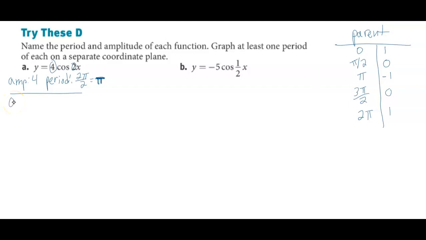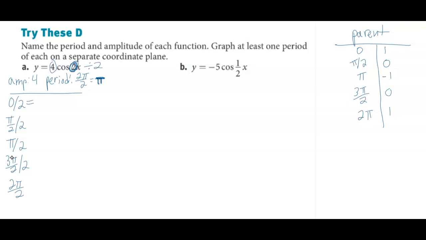I've got 0 divided by 2, pi over 2 divided by 2, pi divided by 2, 3 pi over 2 divided by 2, 2 pi divided by 2. So all those x's I'm dividing by 2. I always do the opposite of what's with x.